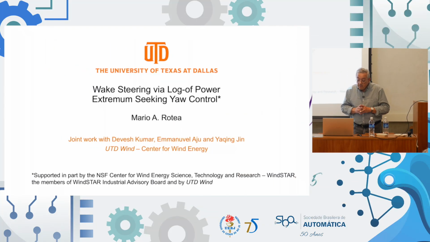So what I'm going to talk about is work that has been funded by industry on the application of controls to improve the production of wind energy in wind farms in a particular region of wind speeds. It's the region where the speed of the wind is not too low, so that the machines can rotate.